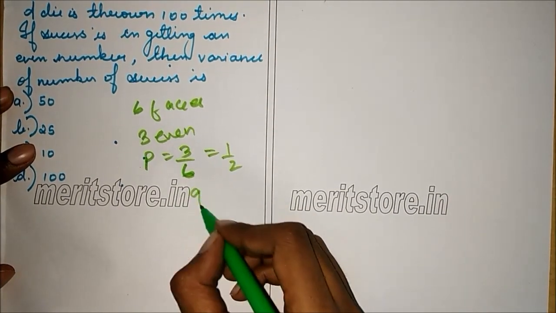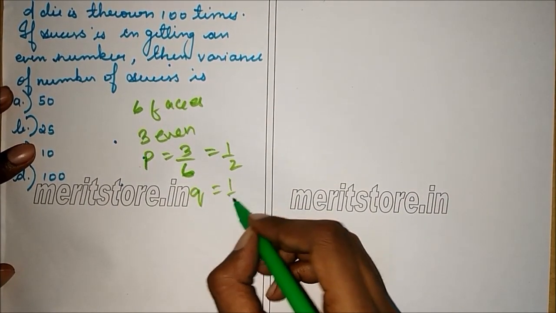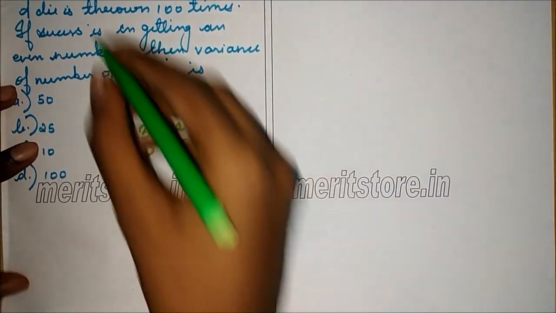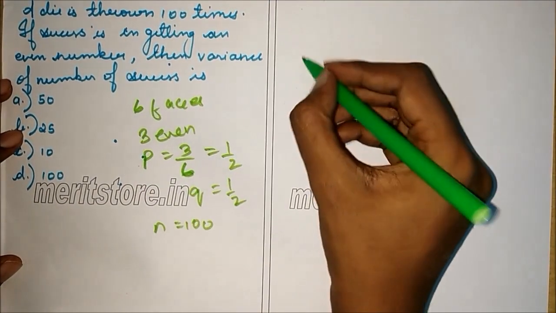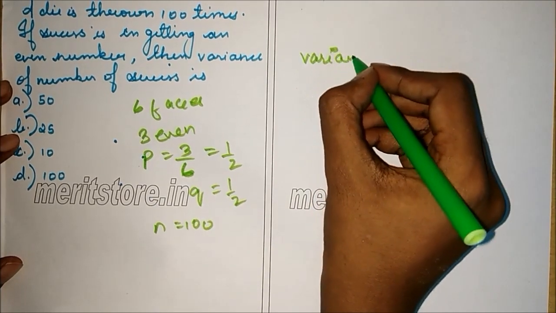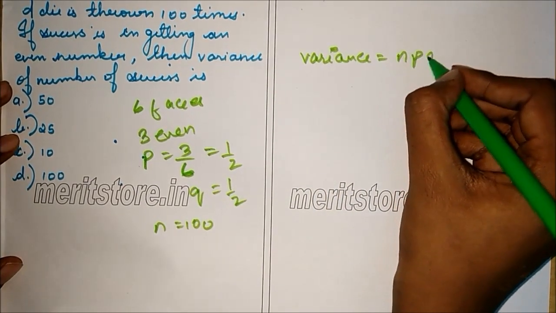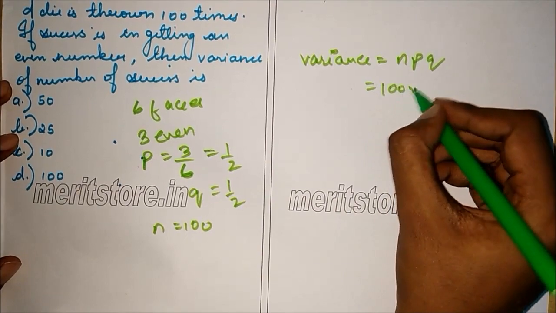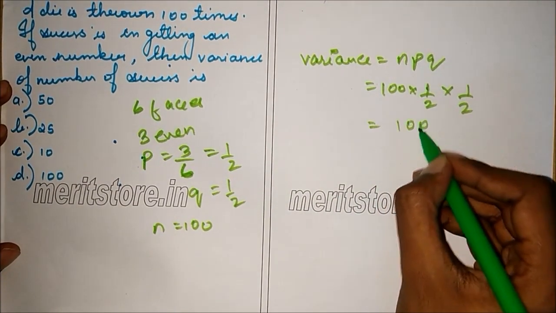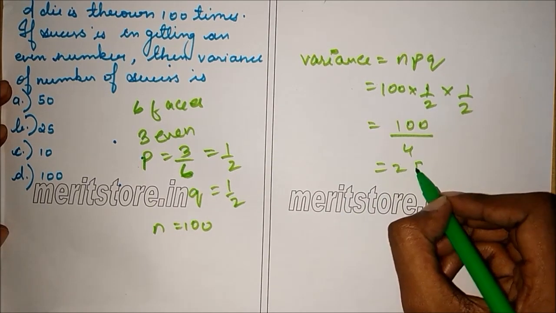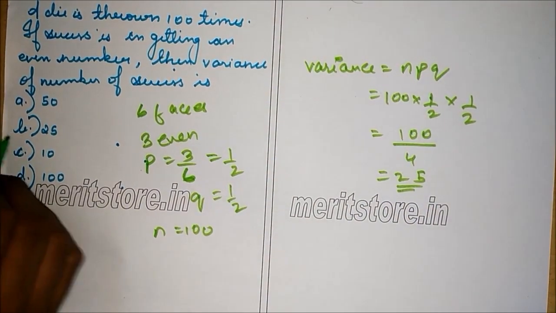So probability of not getting an even number is also half. So number of trials is 100. Variance is given by NPQ. So this will be 100 into P into Q. So this will be 100 by 4, which is equal to 25. So variance is 25, option B.